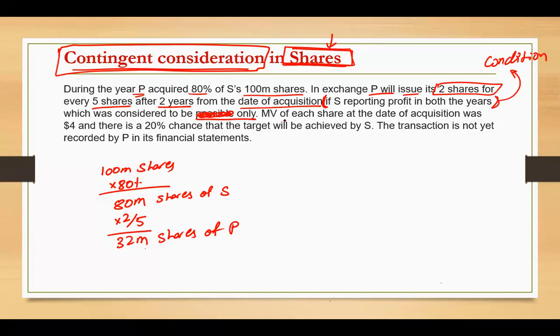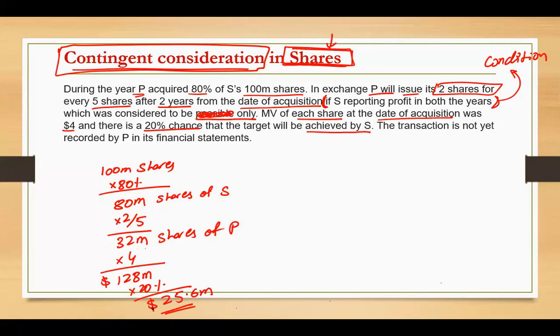Market value of each share at the date of acquisition was $4. So if I multiply it by 4, I'm going to get a value of $128 million for these shares. And there's a 20% chance that the target will be achieved by the subsidiary. So if there's a 20% chance, we're going to calculate the expected value, which is going to be $25.6 million.